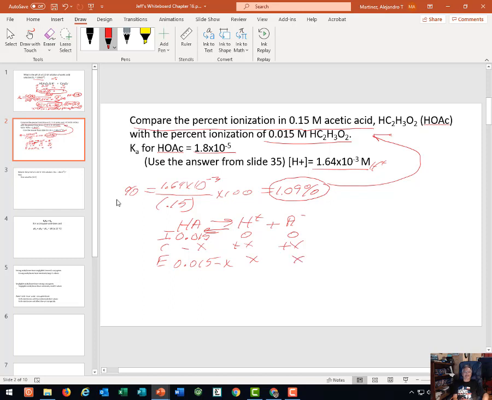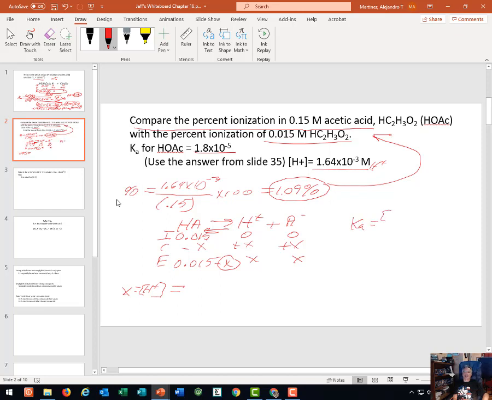We're going to do exactly the same thing we did in the last problem. X, which happens to equal the hydrogen ion concentration, we are assuming is small enough to ignore. Since we're calculating the percent ionization, I'll go ahead and set up the equilibrium constant expression.